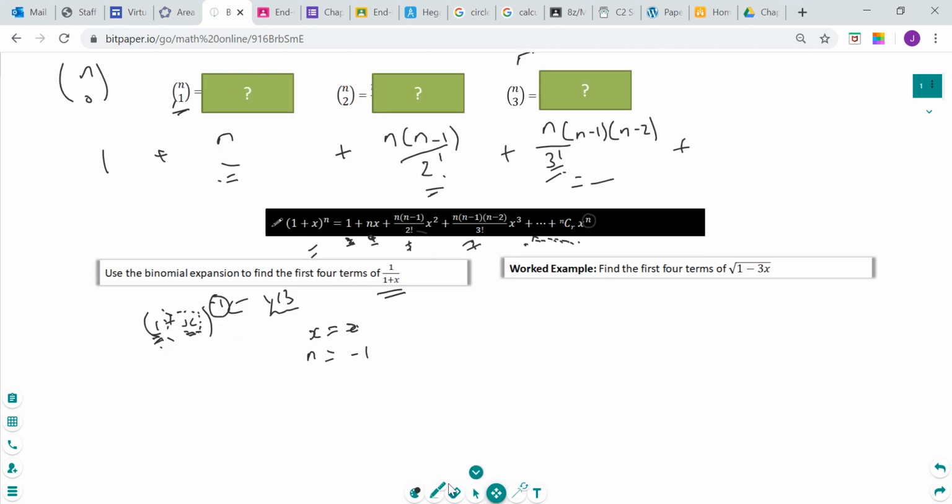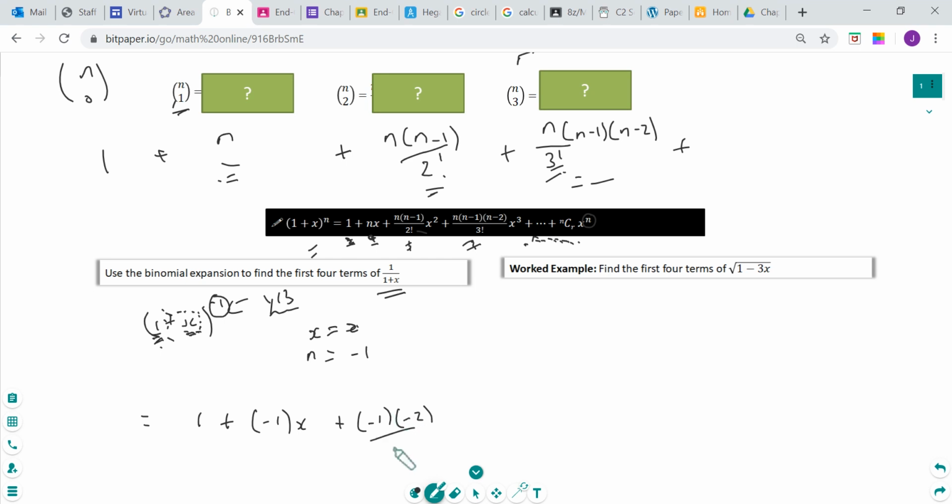And what remains to be done? Well, really, you just sort of have to plug the numbers in. So this is going to be equal to 1, again, just from the formula, plus nx. So I suppose I'm just going to sort of substitute for now. So I'm going to put nx plus n times n minus 1. Well, n is minus 1. Okay, minus 1 is minus 2. So you've got this sort of pattern that you'll often see developing, in which you, in the numerator, you have sort of minus 1, minus 2, minus 3, or something like that.